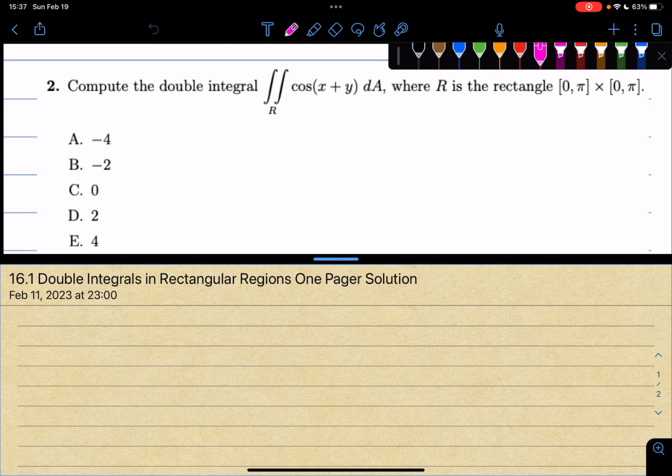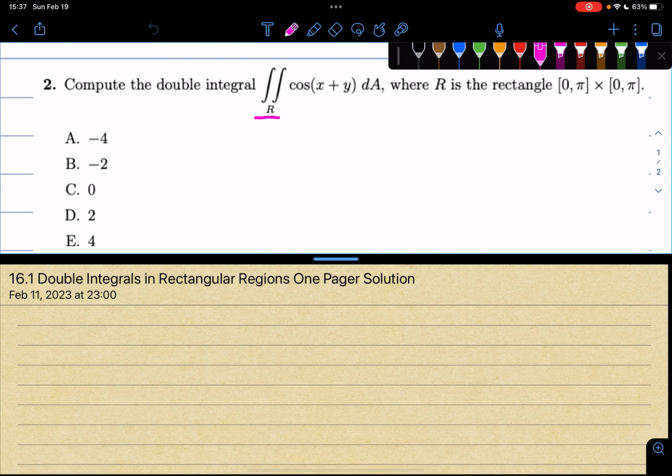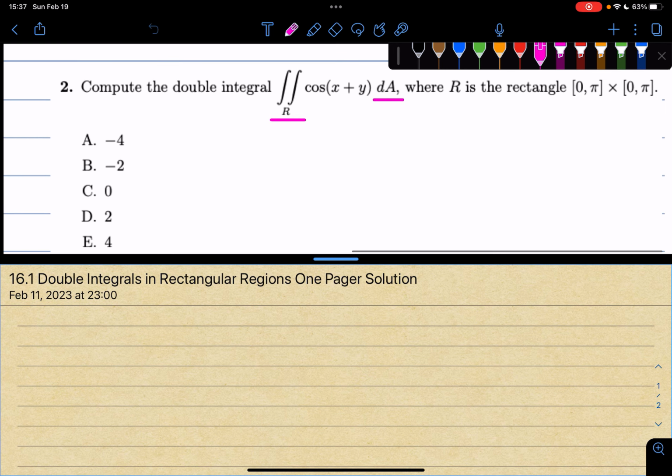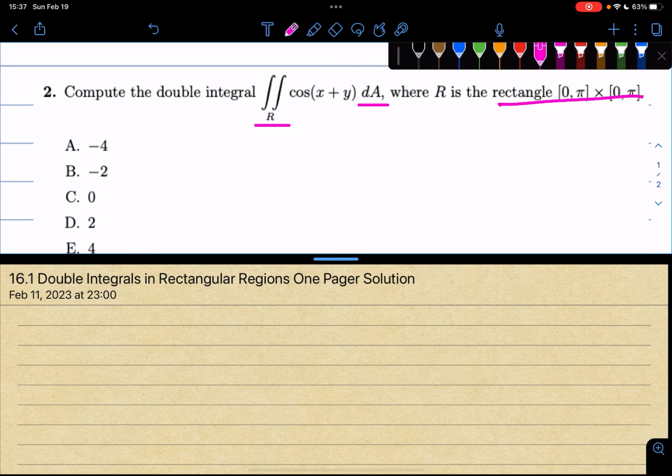I think everybody can agree this is a double integral over a rectangular region problem. It's pretty easy to tell because of the double integral notation as well as the dA. dA is the differential of an area. This tells us it's a double integral problem, but more importantly, it's a double integral in a rectangular region because the bound is rectangular.